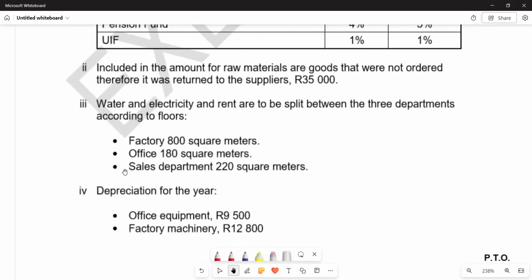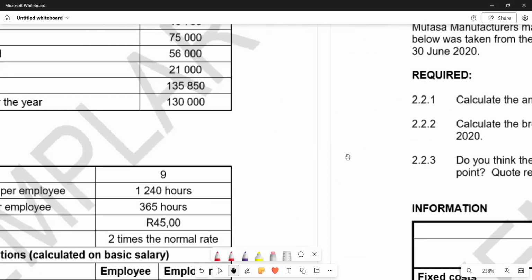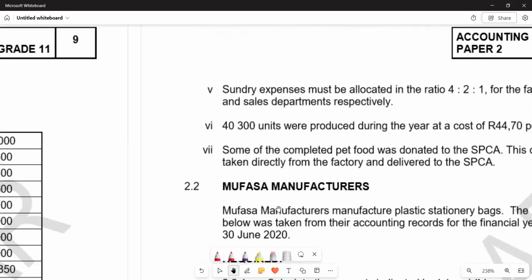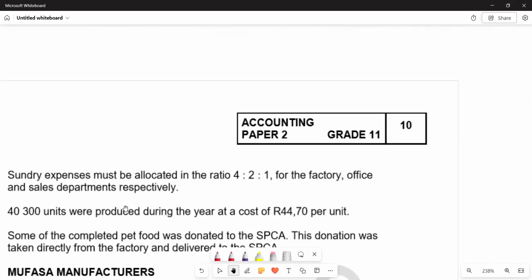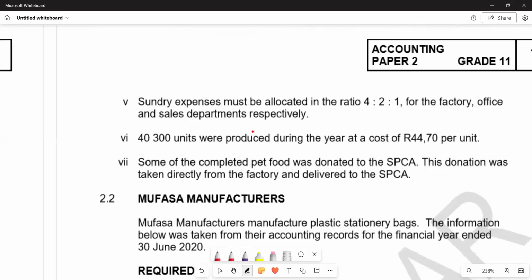Information 4 is the last on this page, and on the next page, which is going to be our last page, the information comes down to information 7. So this is going to be the end of our question. This is the information that we're going to use in the question.